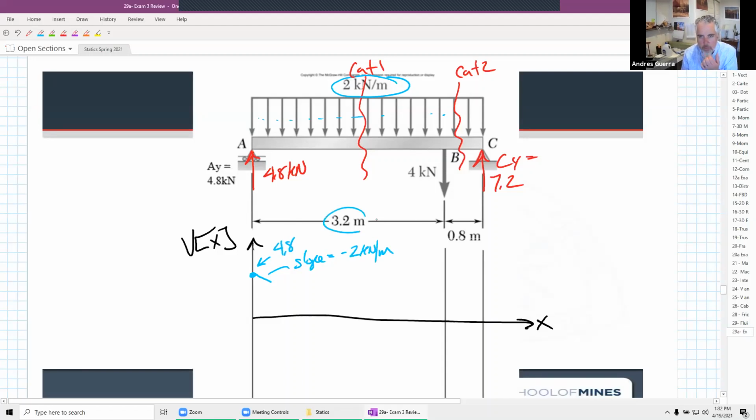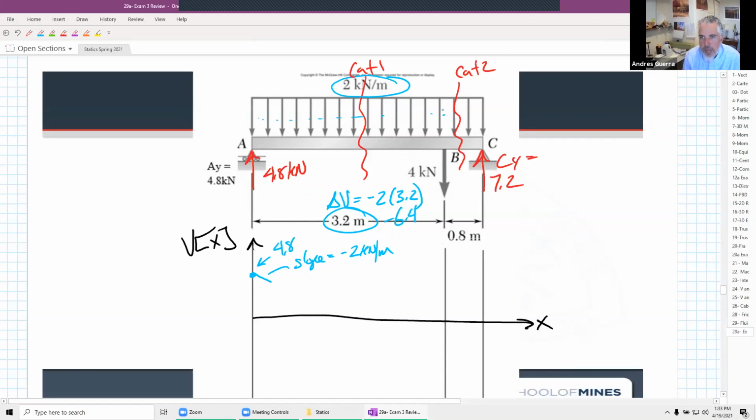Now, if we're going 3.2 meters, doesn't that mean that delta V is going to be -2 times 3.2, because for every meter, we're going to drop by 2 kilonewtons per meter, and we're going 3.2 meters. So 2 times 3.2, my calculator wasn't even on, I can do that in my head, 6.4.